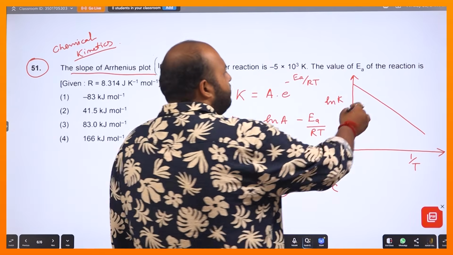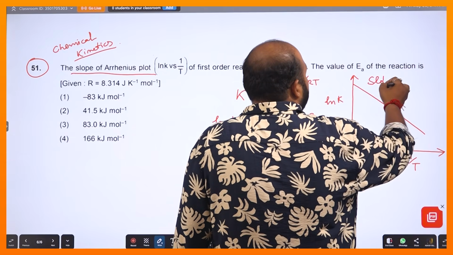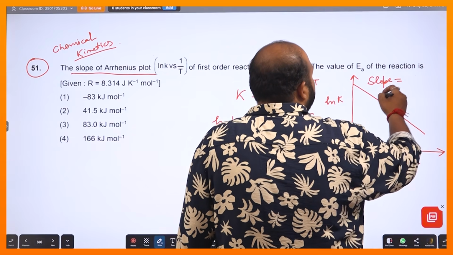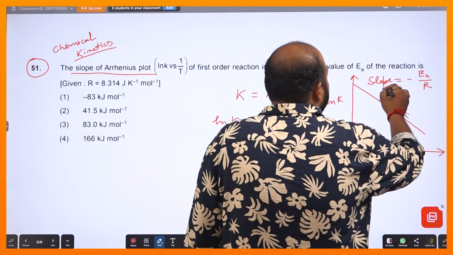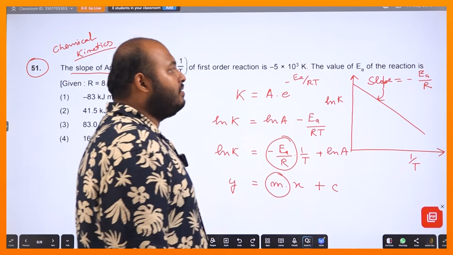And the slope will be equal to minus EA by R for this graph.